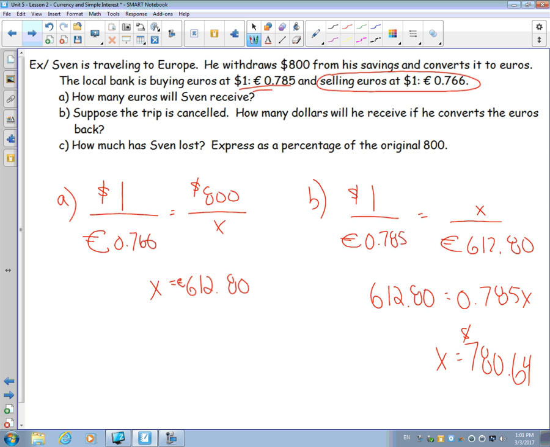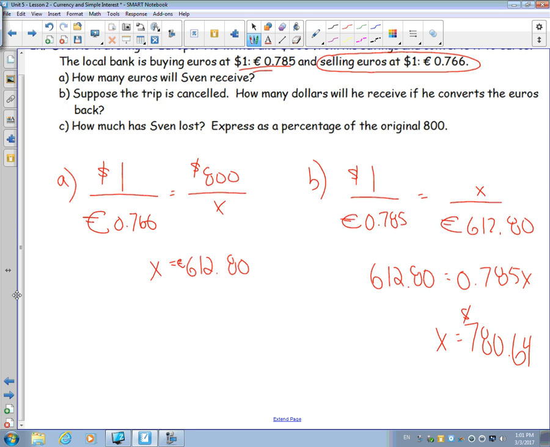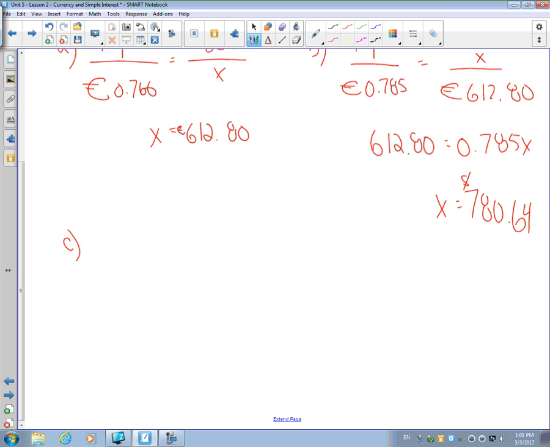The bank has made some money. Part C asks, how much has he lost? Well, start at 800. He's down to 780.64. So he's lost $19.36.